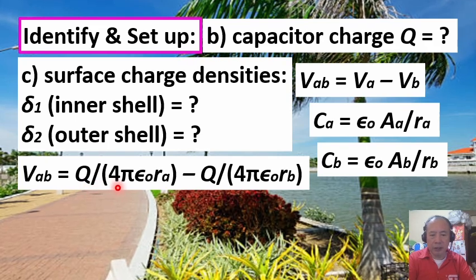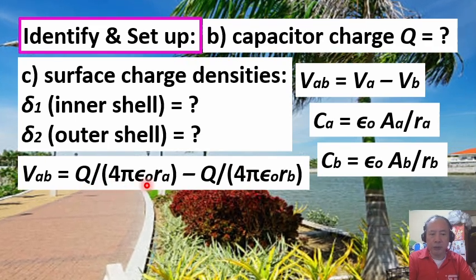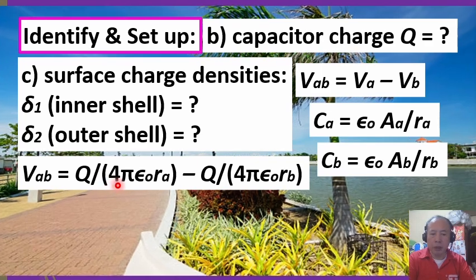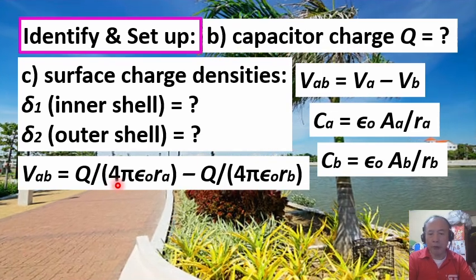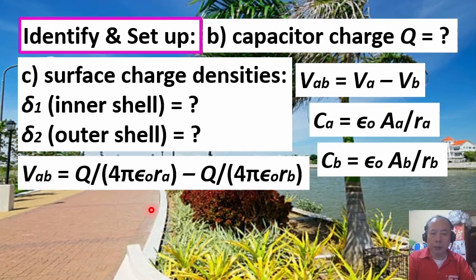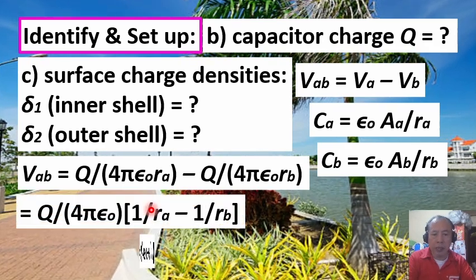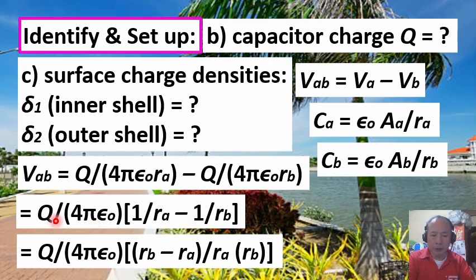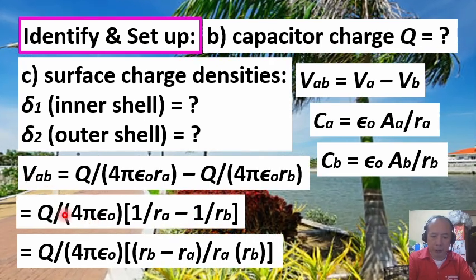Notice that these two terms contain both big Q and 4 pi epsilon naught. So we might as well factor them out and come up with a more simplified expression for capital V sub AB.